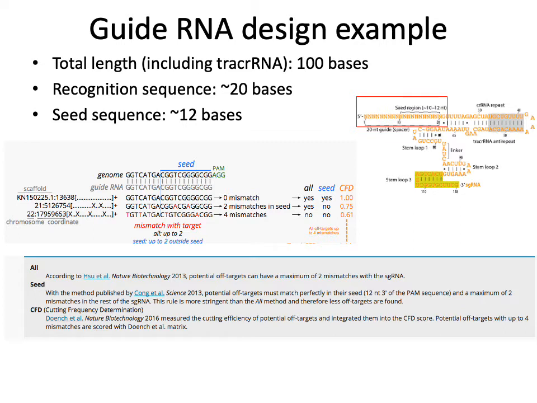For example, here it gives you a candidate guide RNA, and it shows you that the guide RNA is perfectly complementary to the genome sequence, the target sequence that you specify. It shows you the relative location of the PAM sequence. It also gives you, in this case, 3 potential off-target sites in the genome. On the left-hand side they give you the location or the scaffold where the off-target sequence might be.